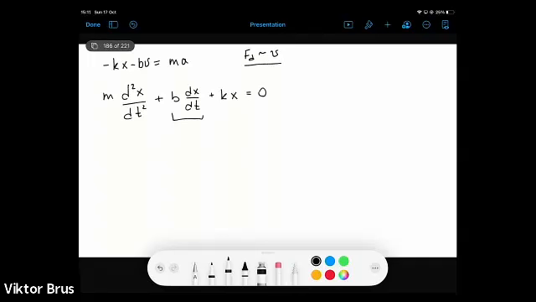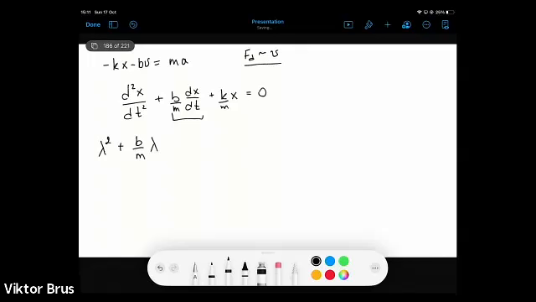If we divide by mass, we can rewrite it like this, with b over m and k over m. Okay, so now we can write a characteristic equation. Lambda square plus, now we have first derivative, so we write b over m times lambda.